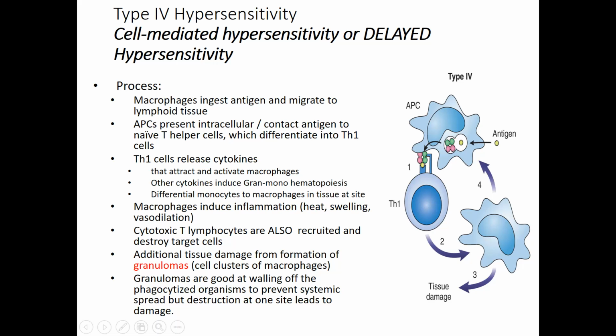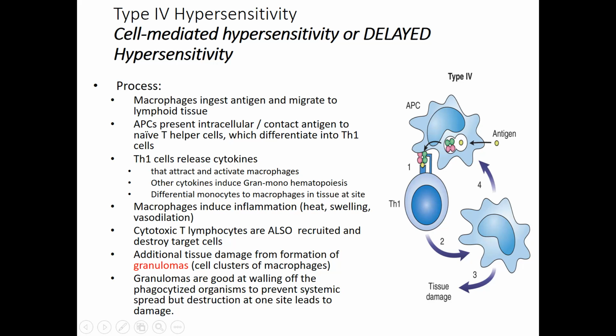Granulomas are small clusters of macrophages that actually form in the tissue specifically, and we can get some additional tissue damage. But this whole thing cumulatively causes a great deal of damage.